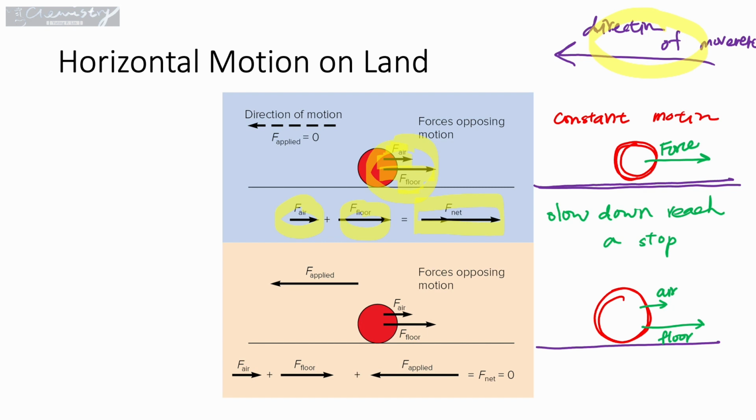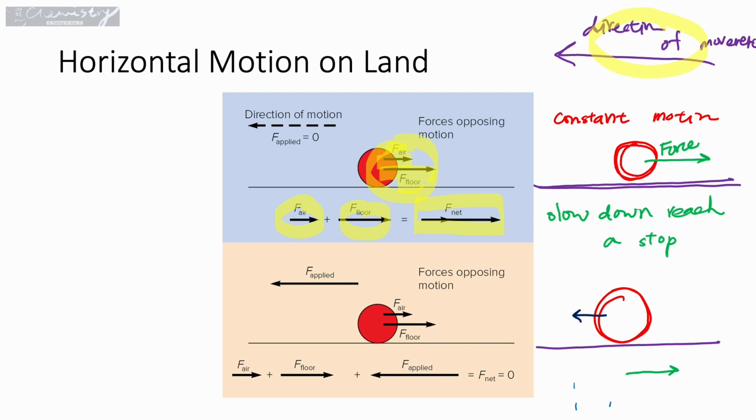However, this time we are pushing the ball a lot harder. So the force applied is much bigger. In this case, we have air resistance, floor friction, and then a very big force applied. So the net force on this ball is going to be this much to the left, right?